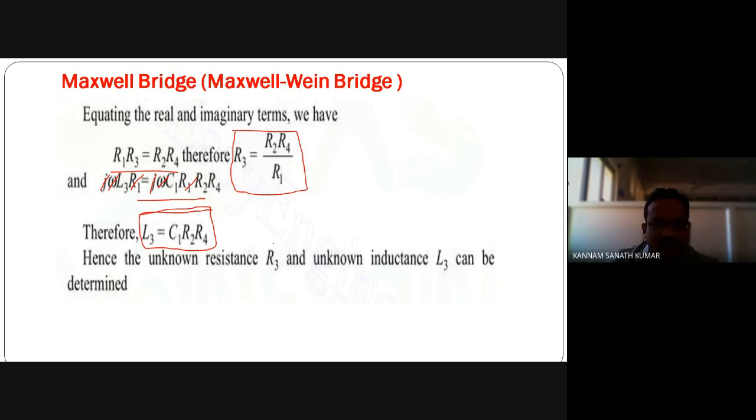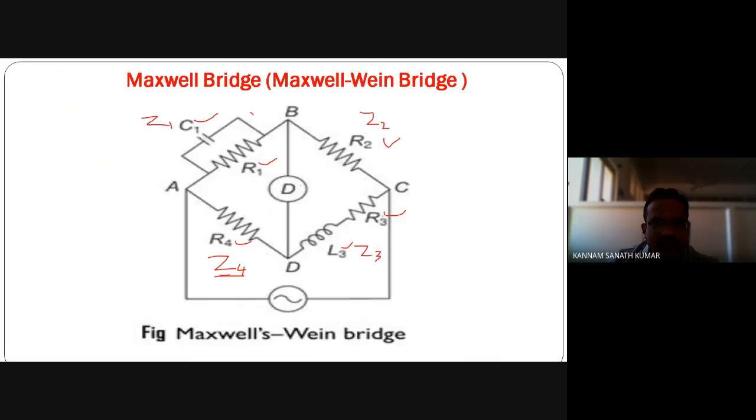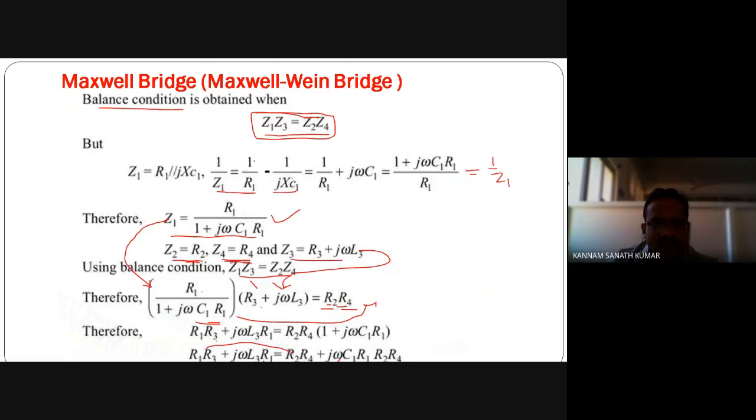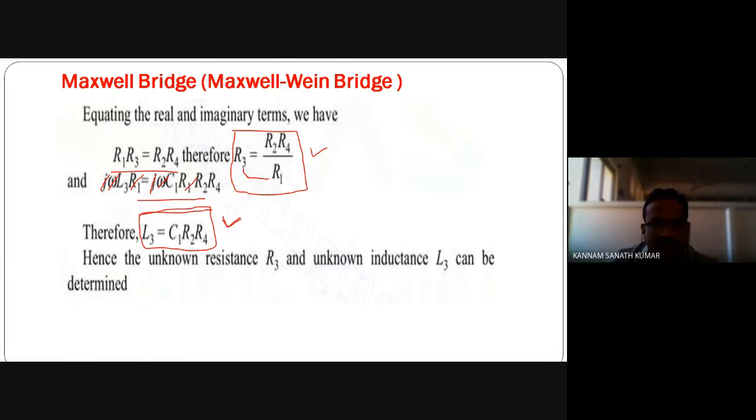So we can find the unknown resistance and unknown inductance in terms of the known resistance and the known capacitance. If you see the bridge circuit, you got R3 in terms of R1, that is R3 equal to R2 R4 by R1. These are all known resistances.